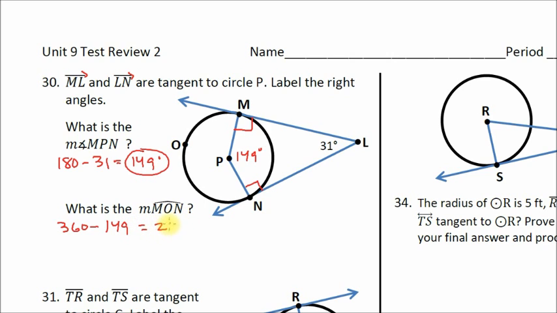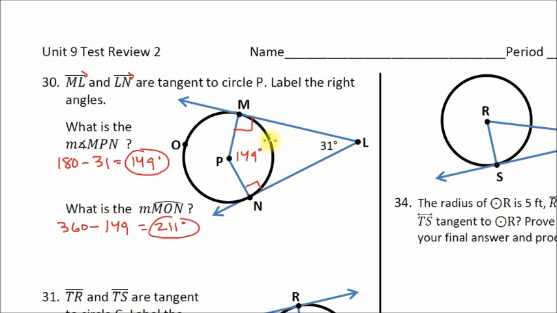And you're going to end up with 211 degrees. Again, class, think about this. If this angle MPN is 149, then the measure of arc MN is 149. And then we know that the measure of arc MON is 360 minus 149.